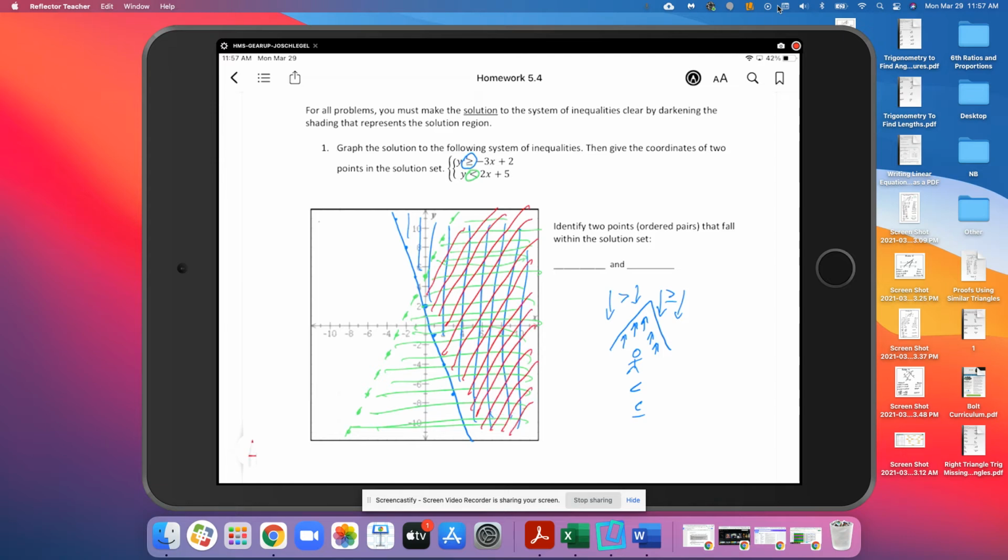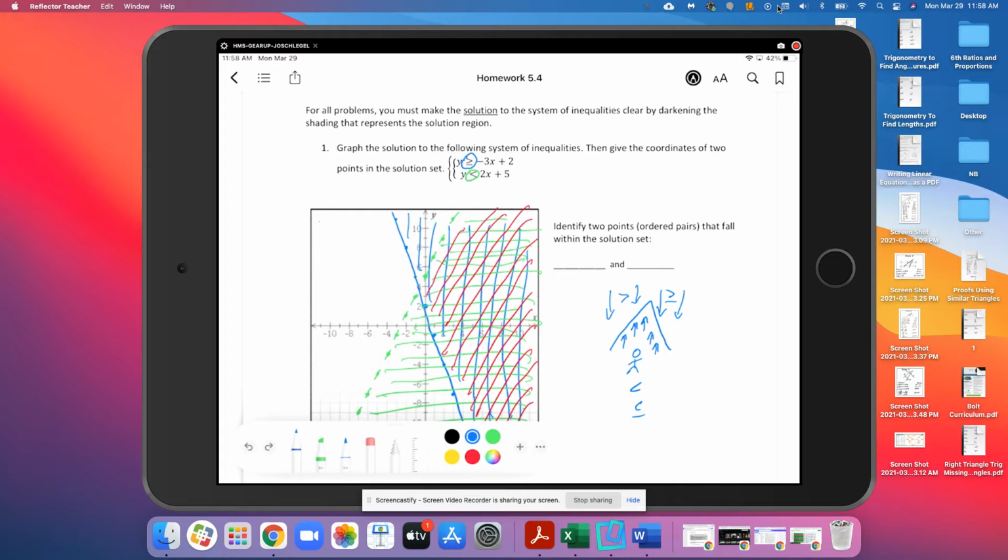The things that are shaded just green or just blue are not part of the solution because they only satisfy one of the inequalities. In order for something to be a solution to a system of linear inequalities, it needs to satisfy both of them. In our case, to be shaded both blue and green.